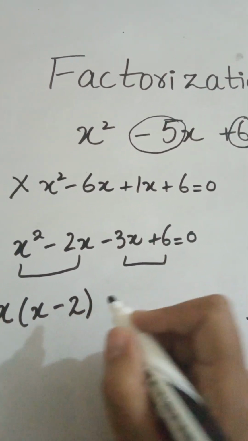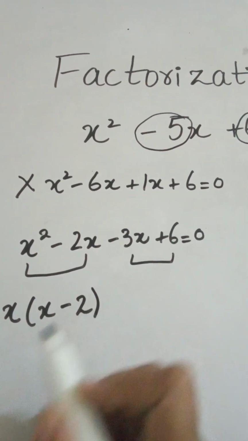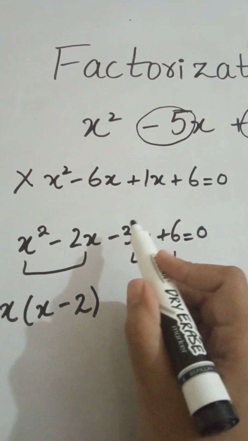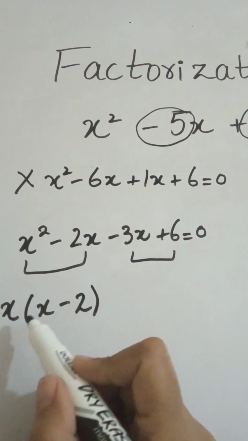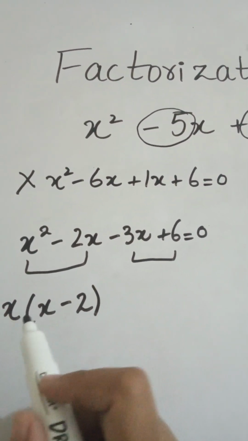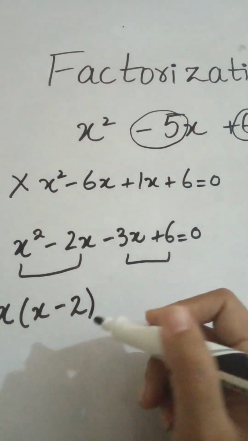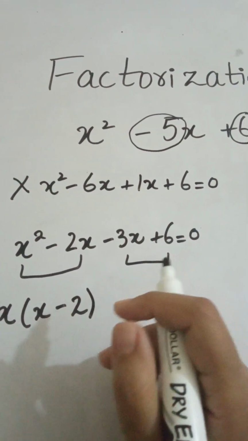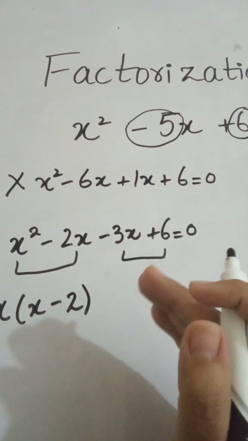How will I check that? I will check by looking at the first factor, that is x minus 2. I want x to be positive. Here look, x is positive. There is no sign with x. The minus sign is with 2. x has no sign, it means x is positive. So I want to make it positive. It's a basic rule of maths that if you want to change the sign of any term, then you have to take the minus sign common.